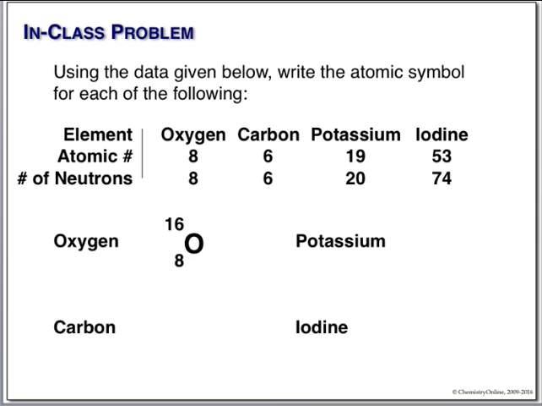Potassium. 19 plus 20 is 39, isn't it? And our atomic number is 19. Carbon, 6 and 6 is 12, with 6 of those being protons. And finally, iodine. Nobody pulled out their calculator. 127. It's 127, yes it is. 127 for our mass, 53 for our atomic number.